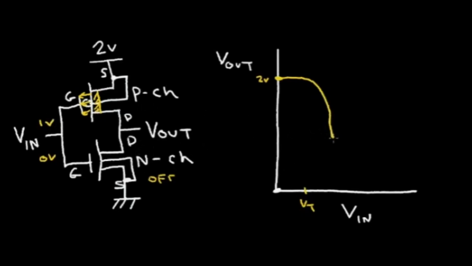Then as we raise the input voltage higher, the N channel conducts better and the P channel conducts less. And eventually the output goes to 0 and the input goes to 2 volts. So this is called the DC transfer curve, and it's a plot of the Vin versus Vout.